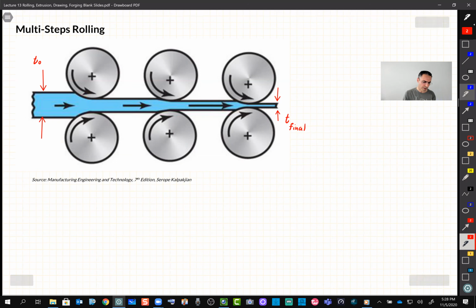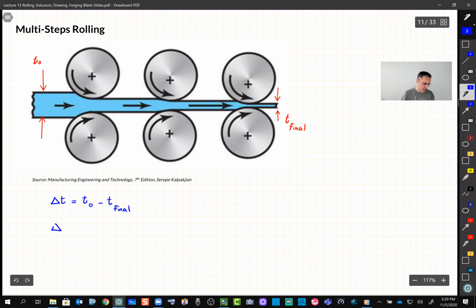And there is basically a simple empirical formula which says, let's call delta T the difference between T0 and T final.